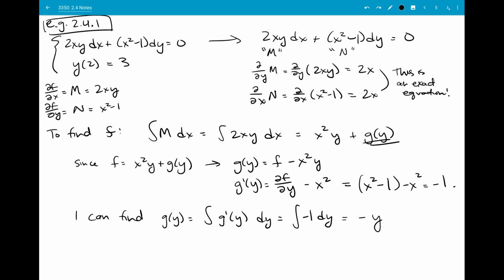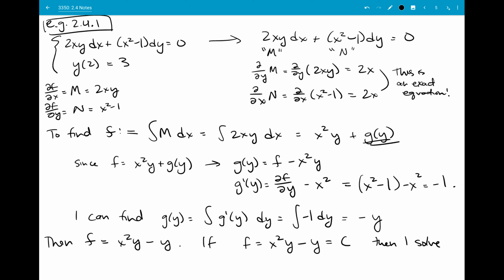And now I can say I know f. So f was equal to x squared y plus g of y. But that's just negative y. And if I set that equal to a constant, then you can solve for y.